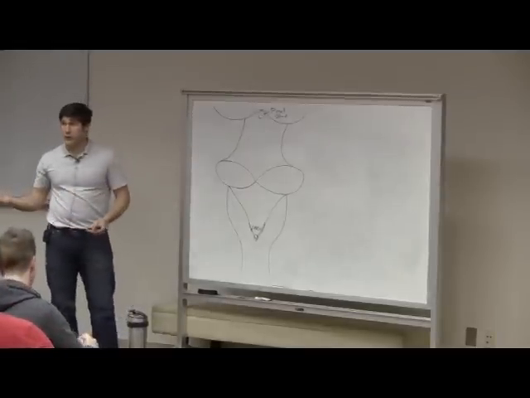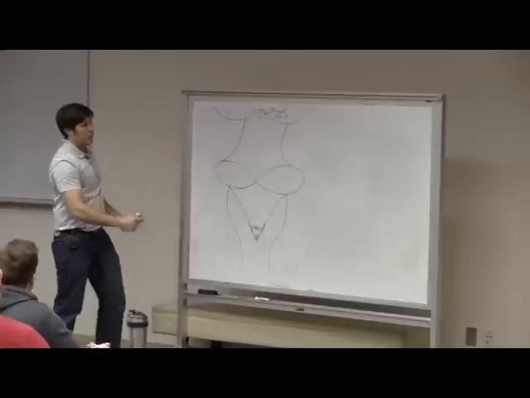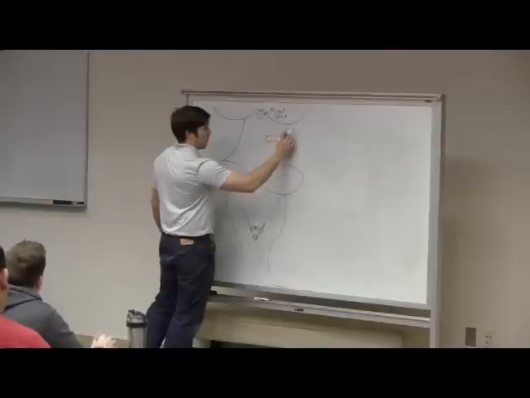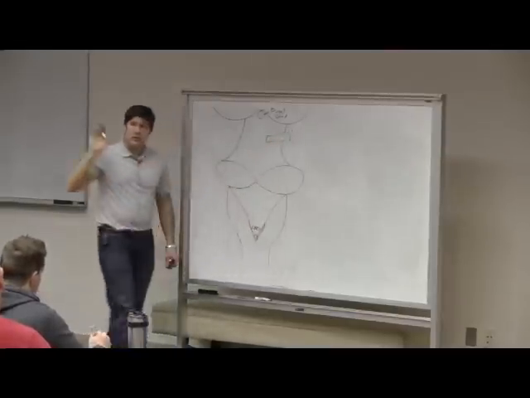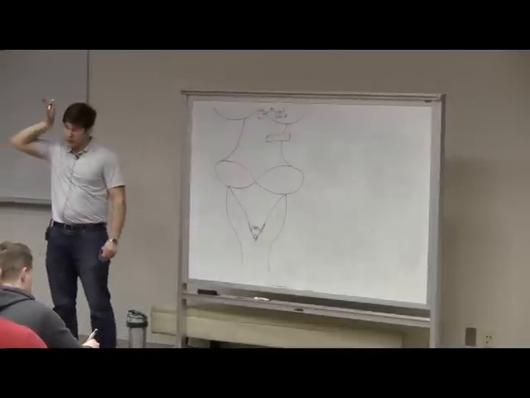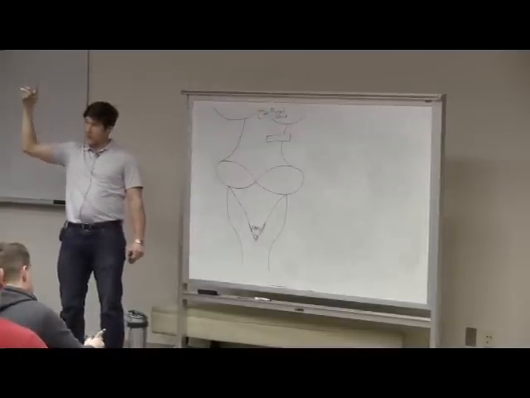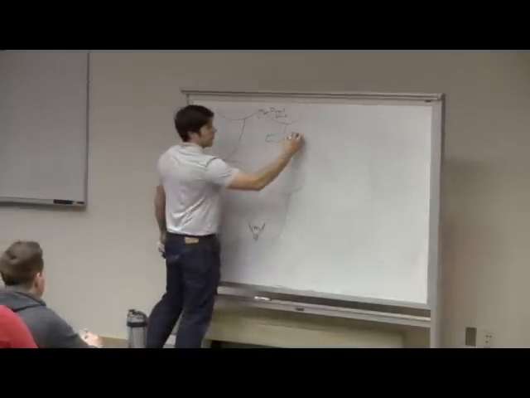Okay, so cranial nerves. Here we have our woman. We're going to give her a collarbone. If you remember at the top of Harry the Frog Prince's head, cranial nerve 4 kind of came around from the side. This is cranial nerve 4.